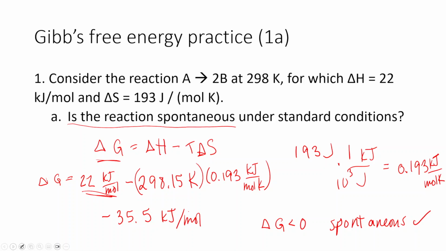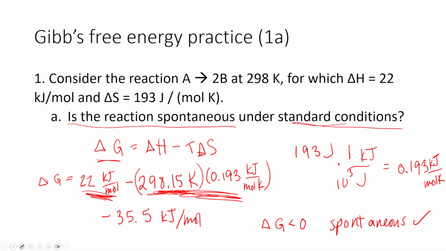You'd have to change it from being standard conditions to non-standard conditions, so you can change the temperature. In this case, because you have a positive delta H, if you have a low value for the temperature, then you could make this term basically something less that you're subtracting, so you'd end up with a positive delta G, if that kind of helps to visualize it.